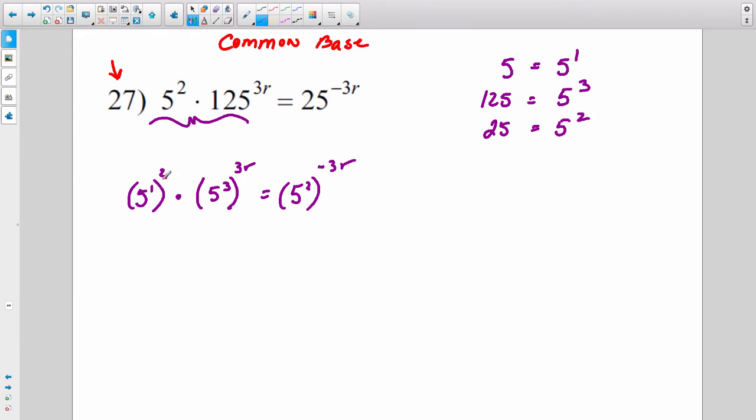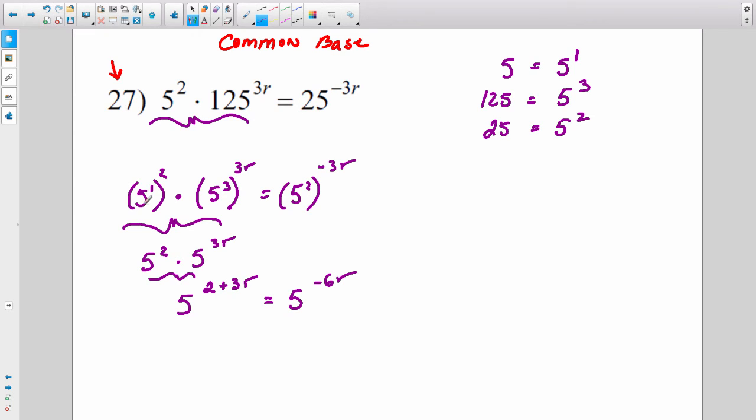So we're just going to combine these two, is what I meant by the extra work, because it's 5 squared times 5 to the 3r. If you use the product rule, the base stays the same and you add exponents. Now you set that equal to 5 to the negative 6r.